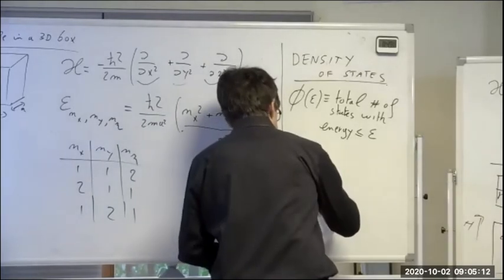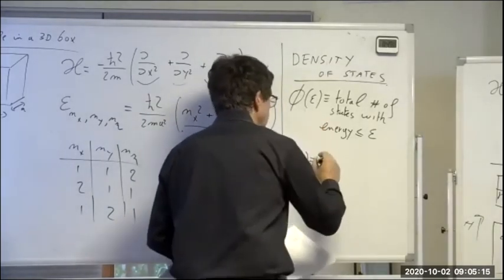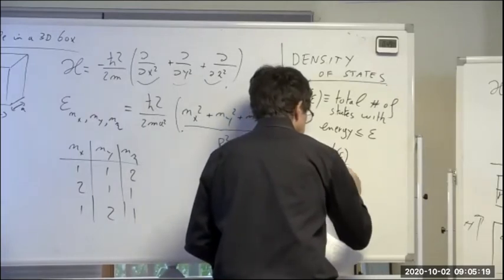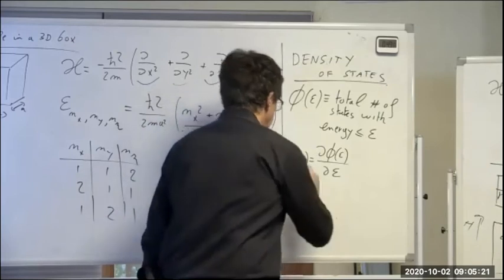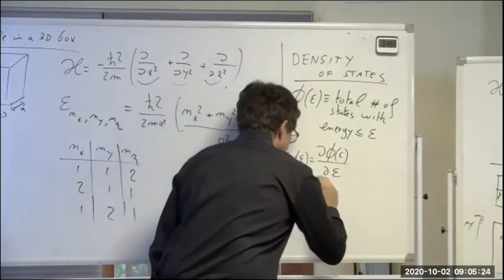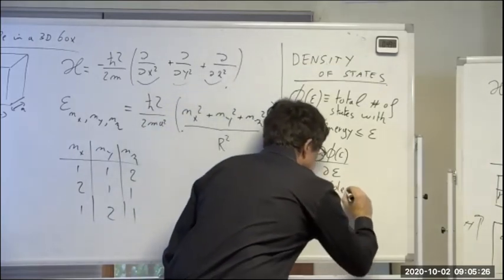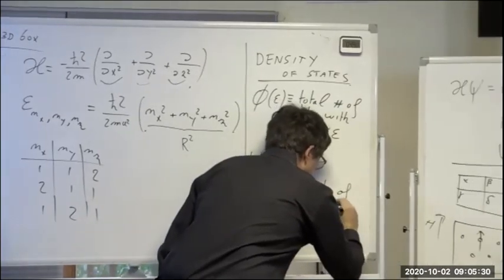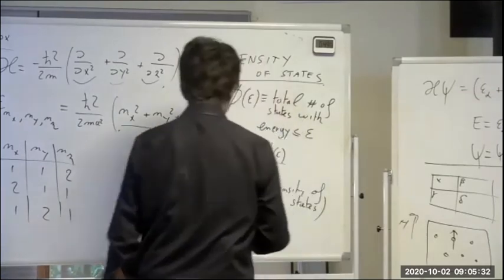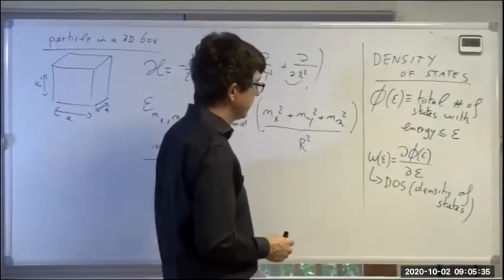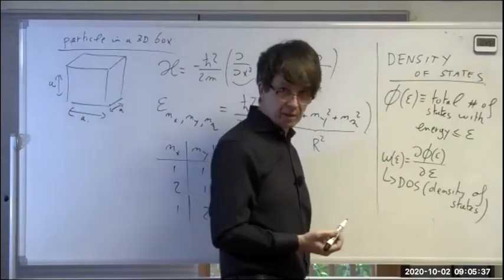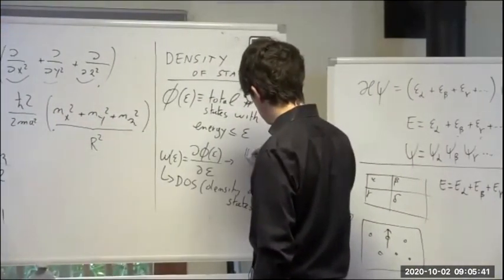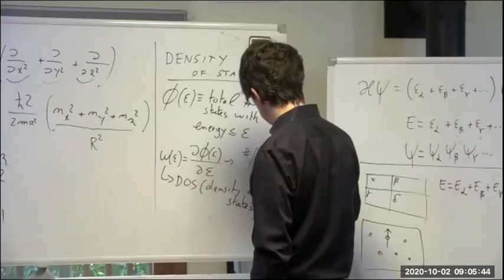So the density of states omega of epsilon is how that total number of states changes with energy. And this is the DOS, or density of states. Keep in mind the units here are number per energy, right?